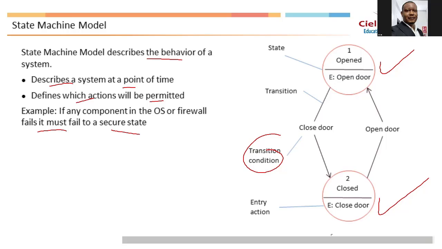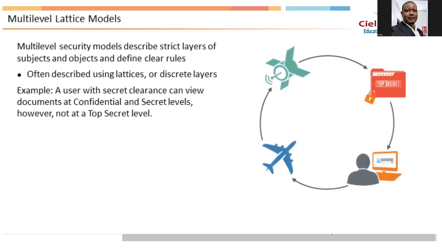Then there are also what we call multi-level models. Multi-level models are security models that describe strict layers of subjects as well as objects and define clear rules, often described using lattices and discrete layers. For example, a user with secret clearance can view documents at confidential and secret levels, however, not at top secret level.